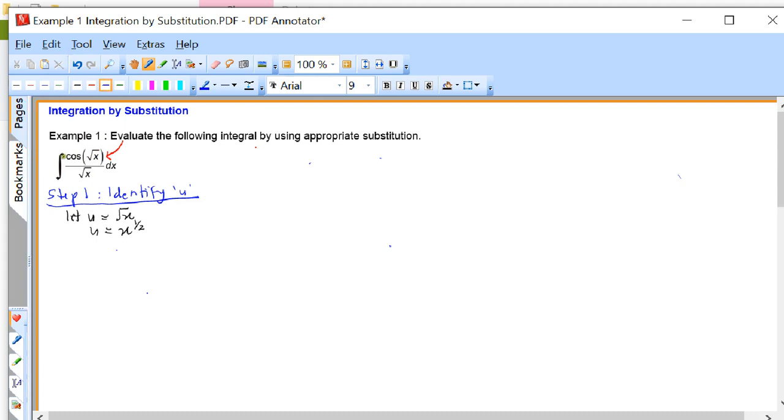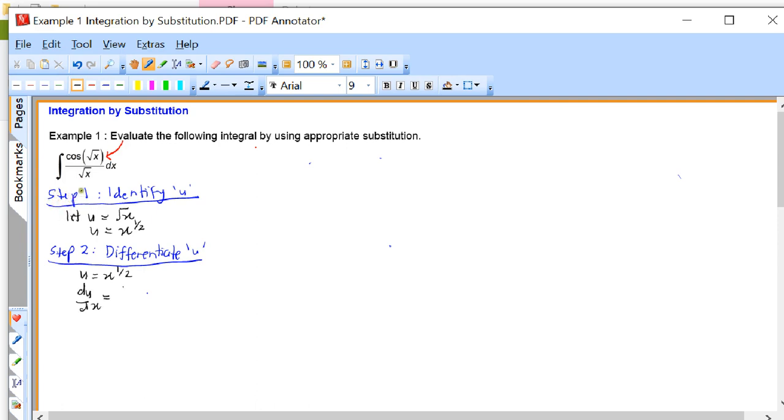Once we have let u equal x to the power of half, we have step number 2. Step number 2 is that you need to differentiate the u. Since u equals x to the power of half, differentiating the u means finding du over dx.